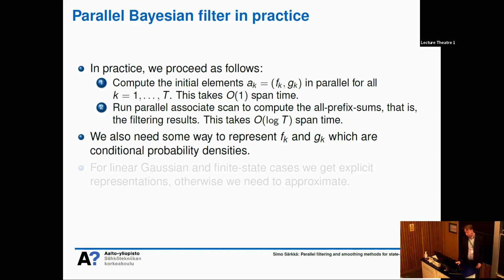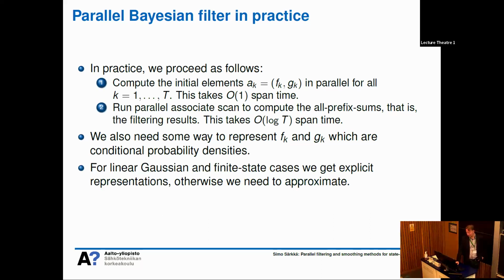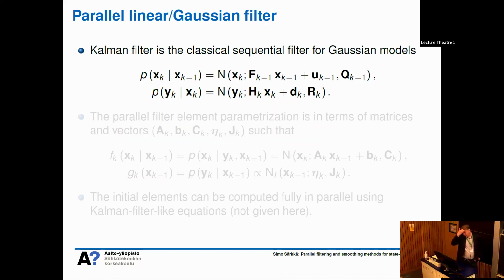The challenge is that we need some way to represent this F and G, which is always the case in Bayesian computations. It turns out for linear Gaussian and finite state cases, we get explicit representations, but otherwise we need to approximate, which is sometimes hard. So for the Kalman filter, we will get something like this.